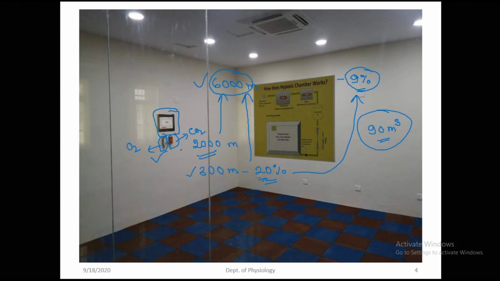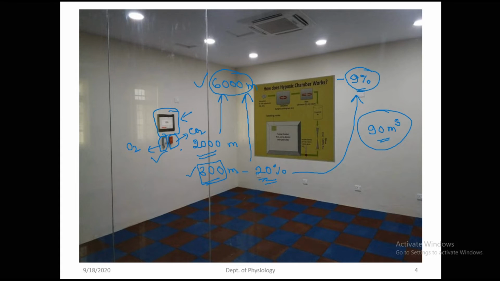These two sensors are very accurate and sensitive, so that the room maintains the desired oxygen levels depending on the altitude that we set. The altitude can ascend as high as 6,000 meters.